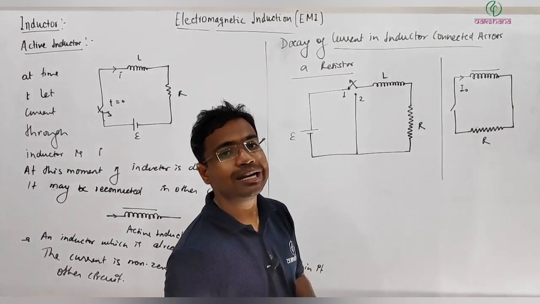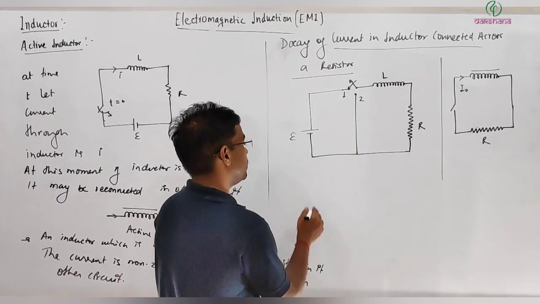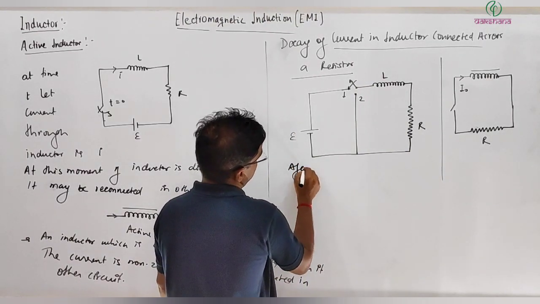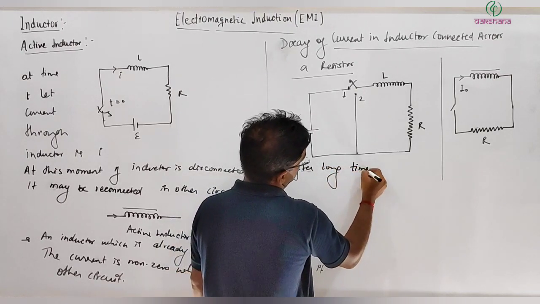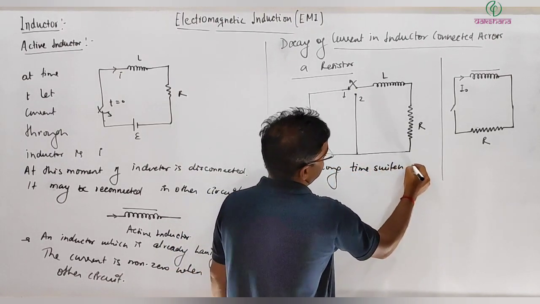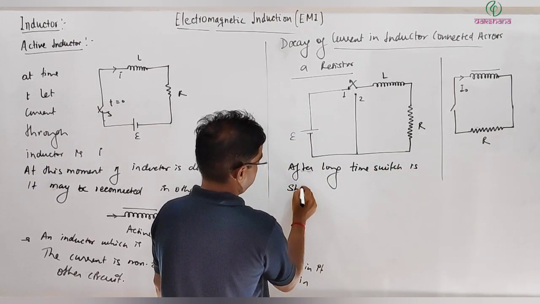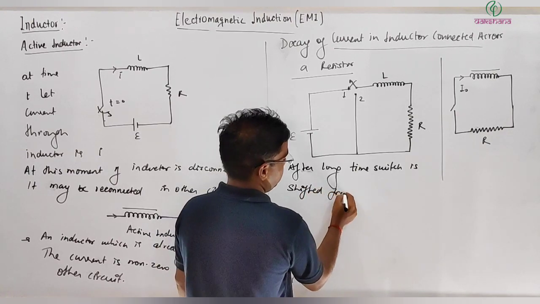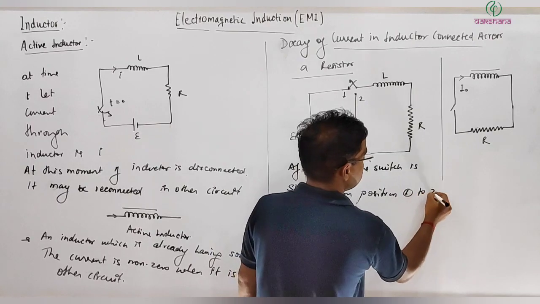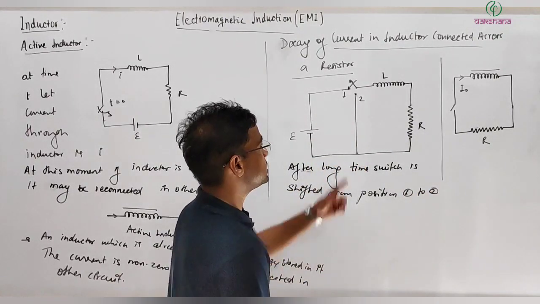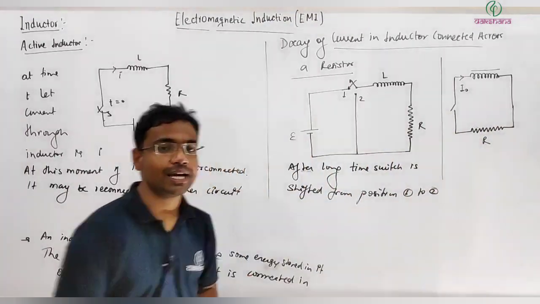So let's say after a long time the switch is shifted from position 1 to 2, right? So in this situation also this circuit will be just like this. So now here current will start decreasing.